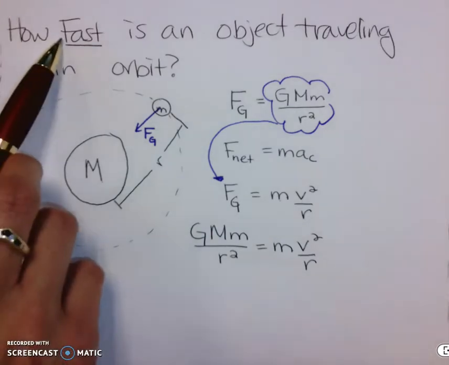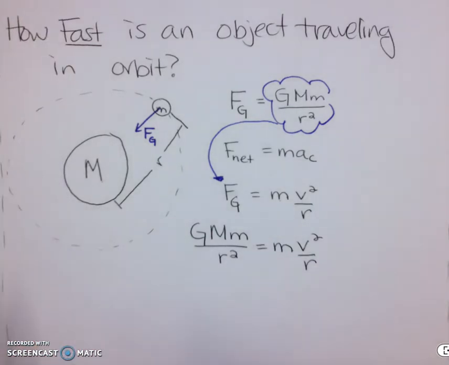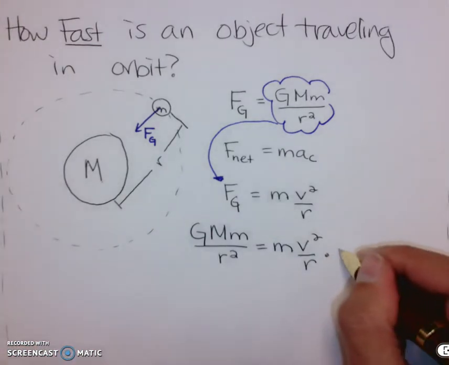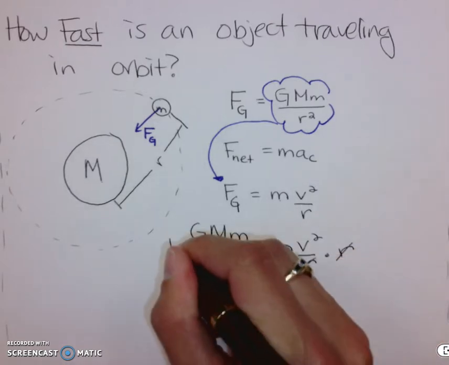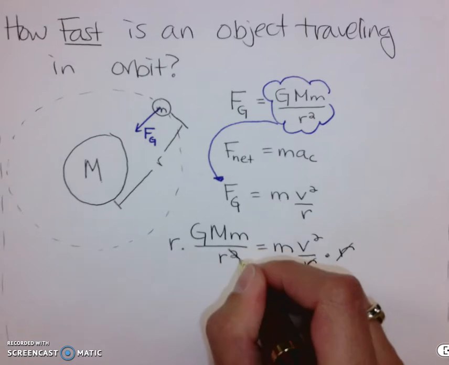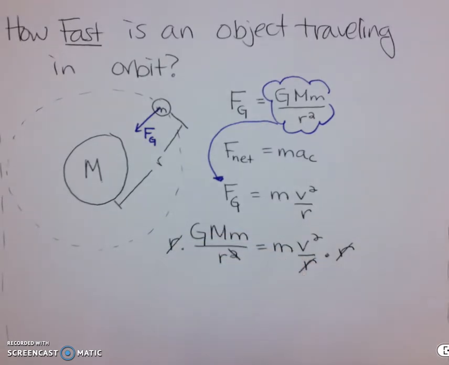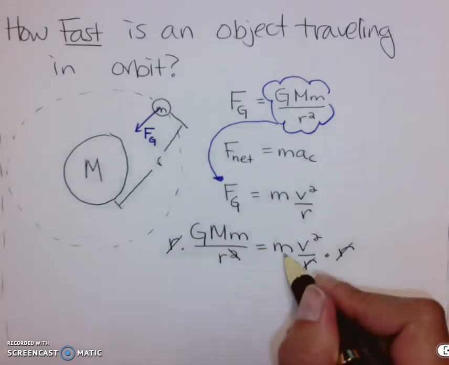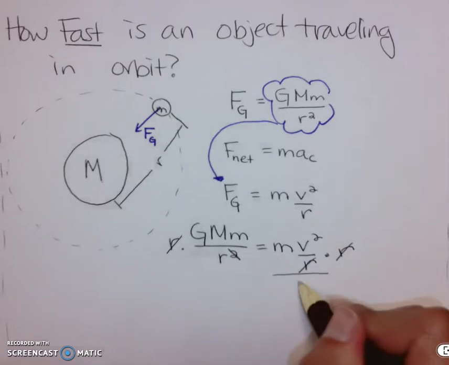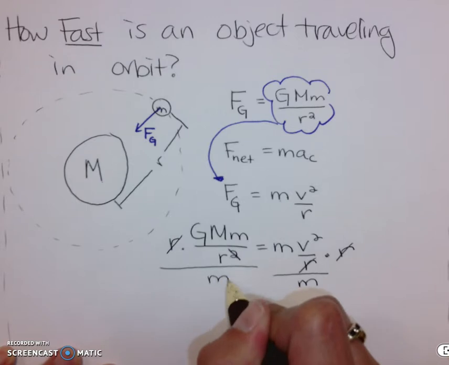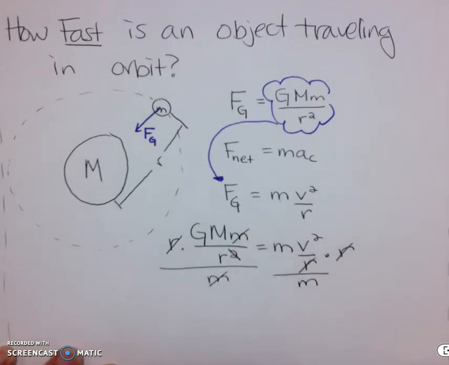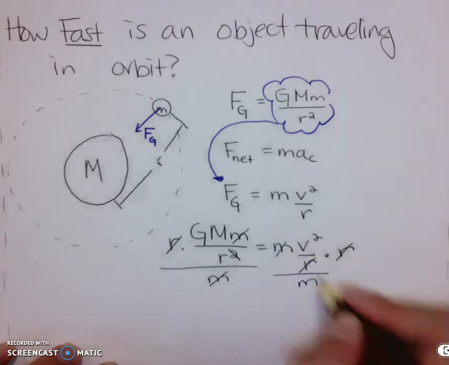Now I want to solve for speed, how fast. That means I need to multiply both sides by r. And when I multiply both sides by r, I notice that I get to cancel some r's out. And then I'm also going to divide by little m, not big M, but little m. And when I divide by little m, the mass of the moon or satellite or whatever's in orbit drops out of my equation.